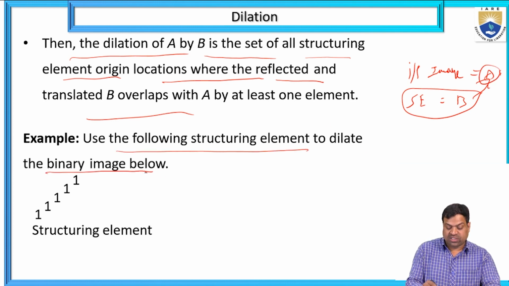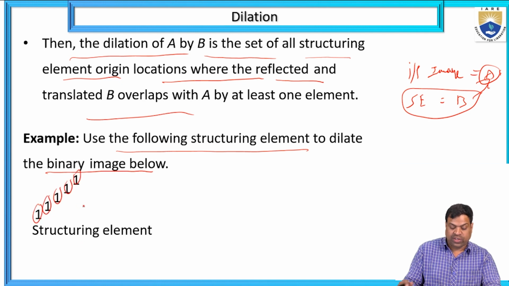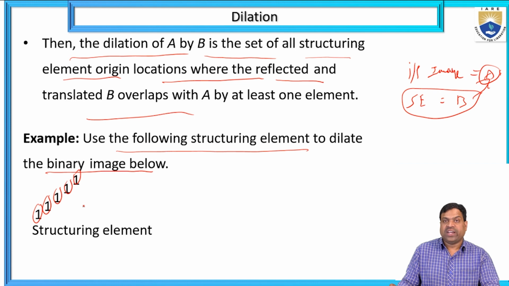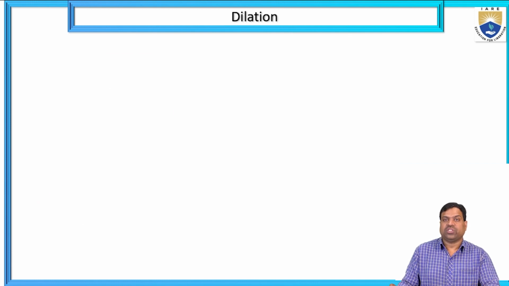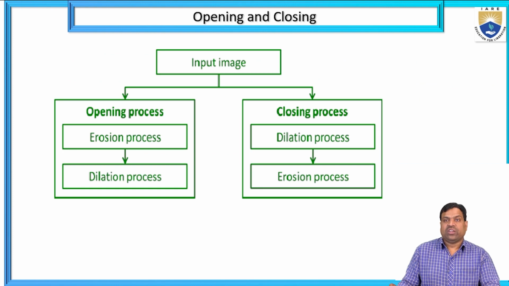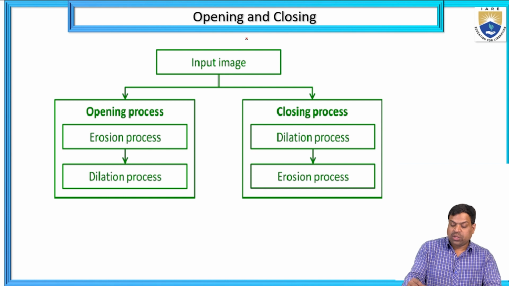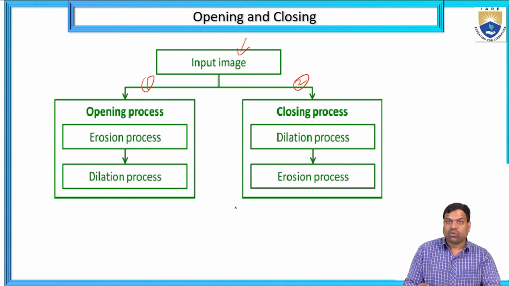It is a dilation. Okay, so these are the structuring elements, cross verifying this one. So A dilated with B, where B is the structuring element and A is the input image. And what are the inputs and outputs, opening and closing? The input image has two types: opening process and closing process.